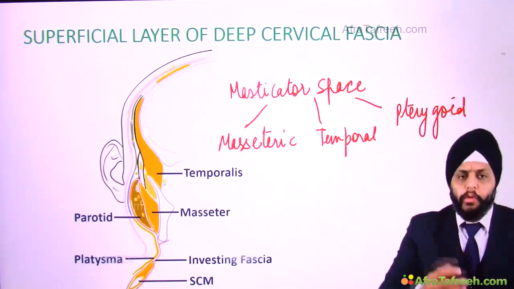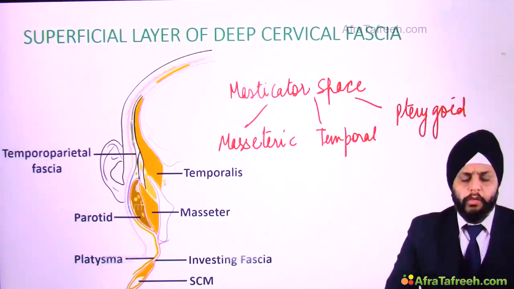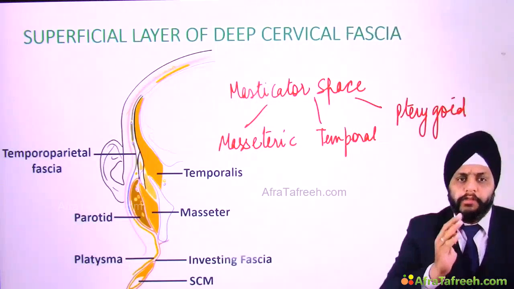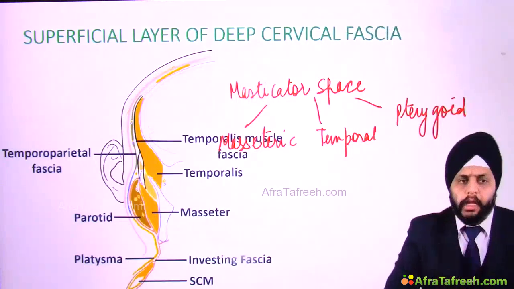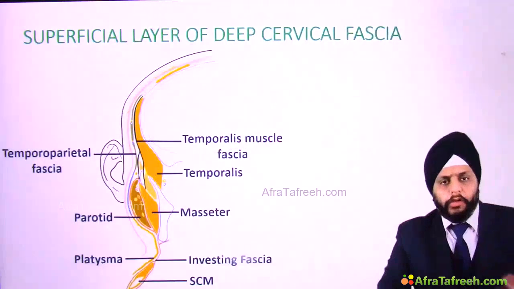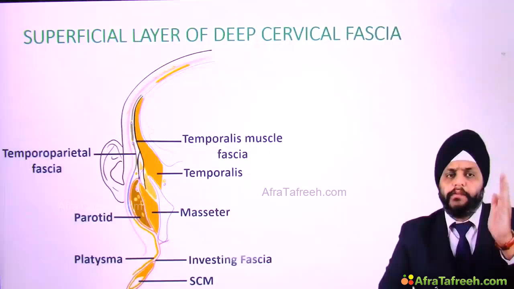Right, so let's look over here. We saw the masseter, we saw the temporalis. You can see the temporoparietal fascia that is outside, and this superficial layer of deep cervical fascia goes up as the temporalis muscle fascia, covering the temporalis muscle.